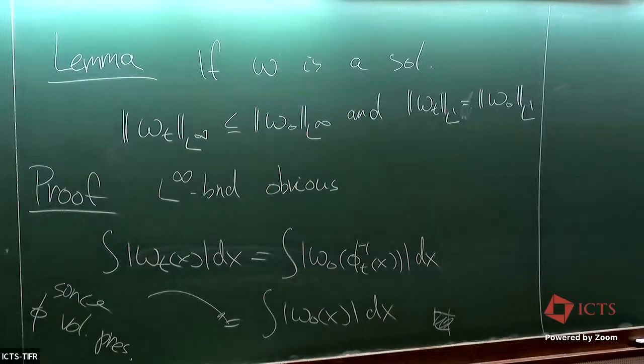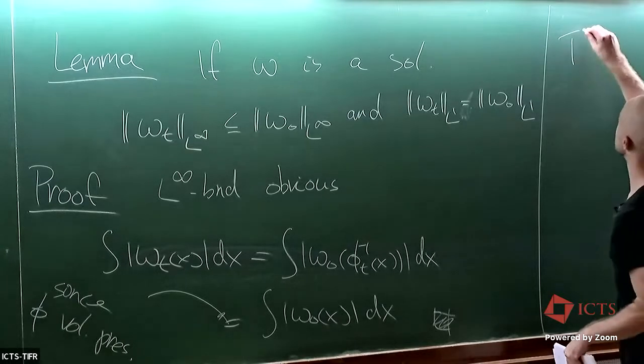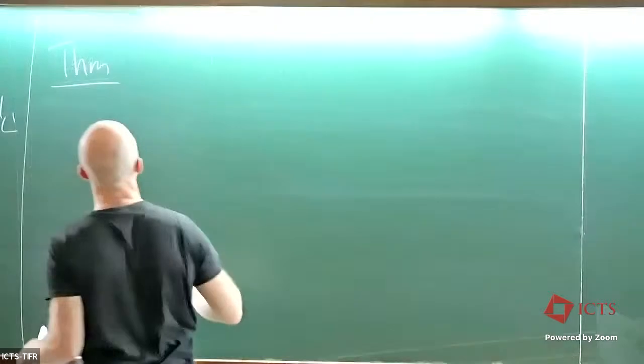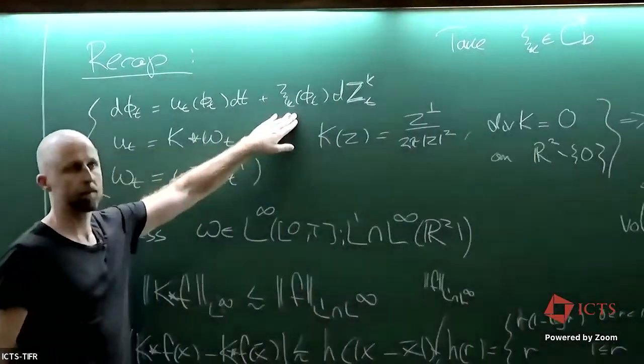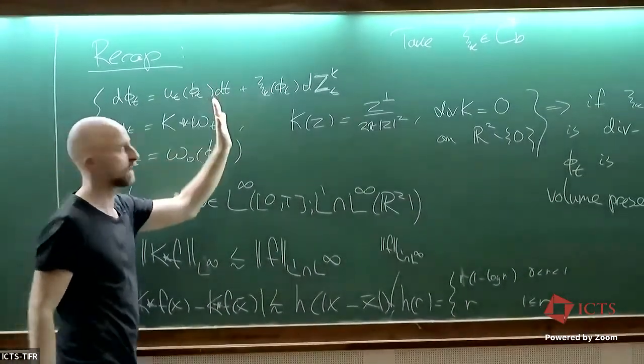Okay, let's now get to the proof of uniqueness. I should have been more specific here. I take these vector fields to be C3 and bounded, like we always did.